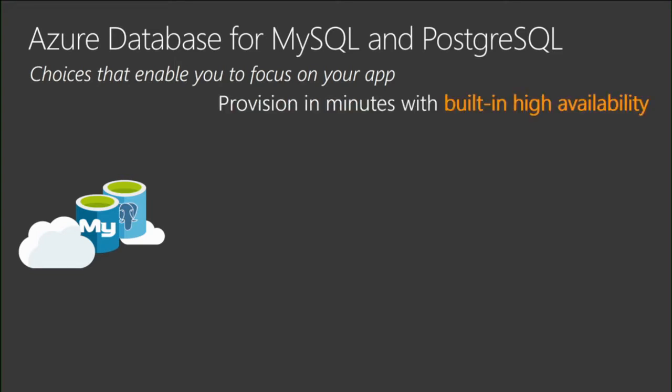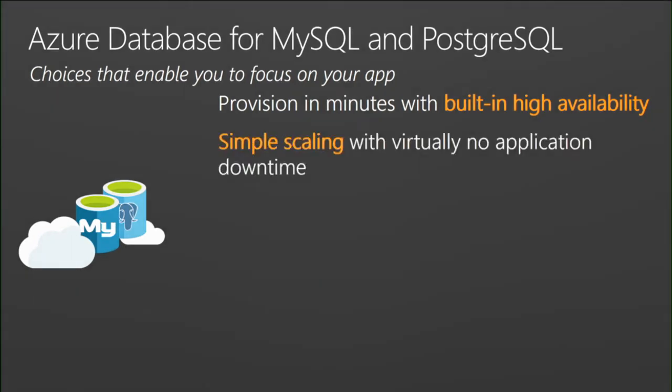So what you have with this Azure Database for MySQL and Postgres is the ability to provision in minutes, which Sean demonstrated, and it's got built-in high availability. That means you don't have to necessarily set up replicas and manage those replicas to maintain high availability. And in a moment, I'll also show you how the built-in high availability actually works.